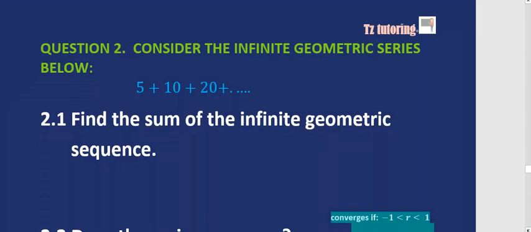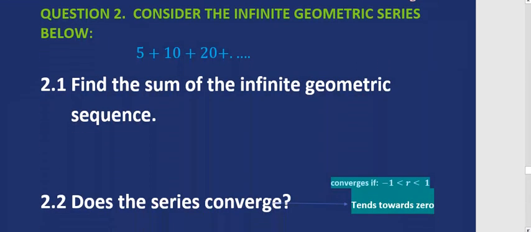Let's look at the final question, which is the sum to infinity. If you have to find an infinite number of terms, the formula then becomes a over 1 minus r. This is the formula for infinity. So a is 5, we know that. And 1 minus the common ratio, which is 2, you keep multiplying by 2 each time.